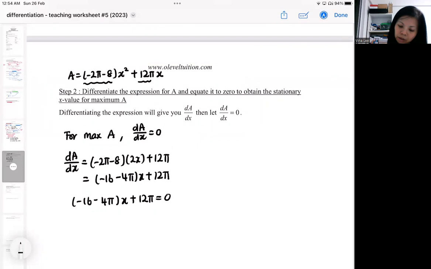Your aim is to get the special x. It doesn't look so complex because pi is just a number.